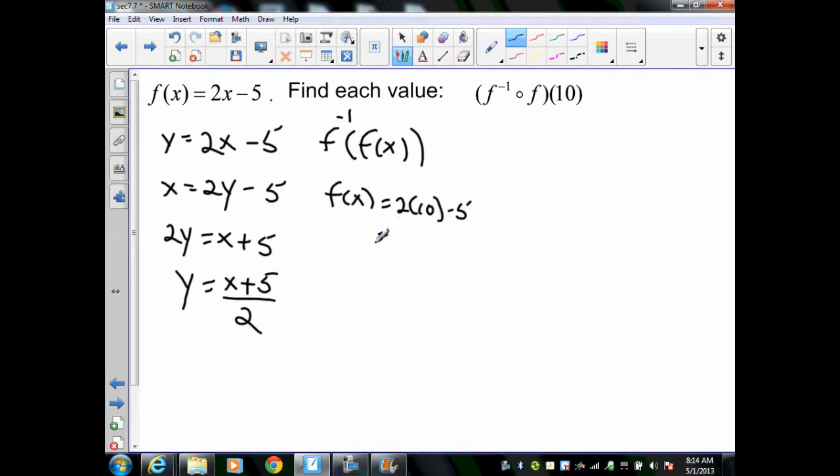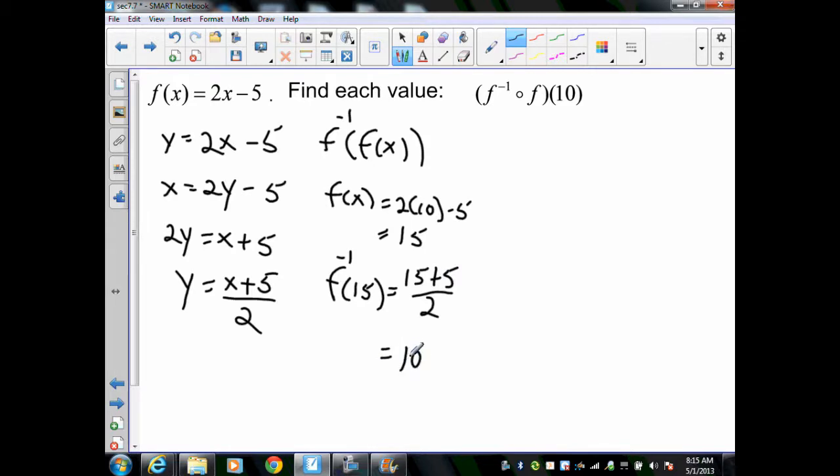When I simplify, that's going to give me 20 minus 5, which is 15. I want to put this value into the inverse. So f to the negative 1 of 15 is going to be 15 plus 5 over 2. 15 plus 5 is 20, divided by 2 is 10.